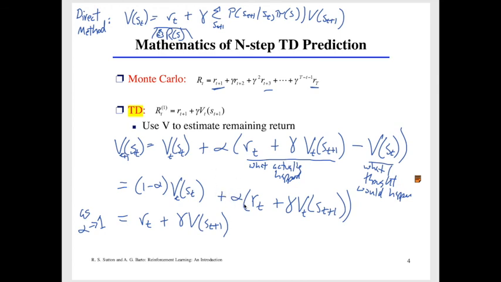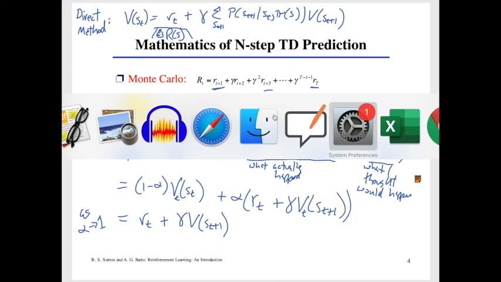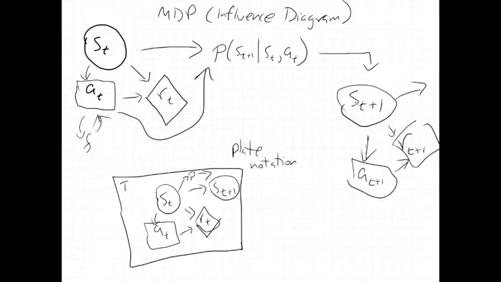So compare that to the temporal difference method here, and you can see we're essentially weighting this difference differently than weighting it by the probability of an outcome. So what's the probability of us getting to this next state?